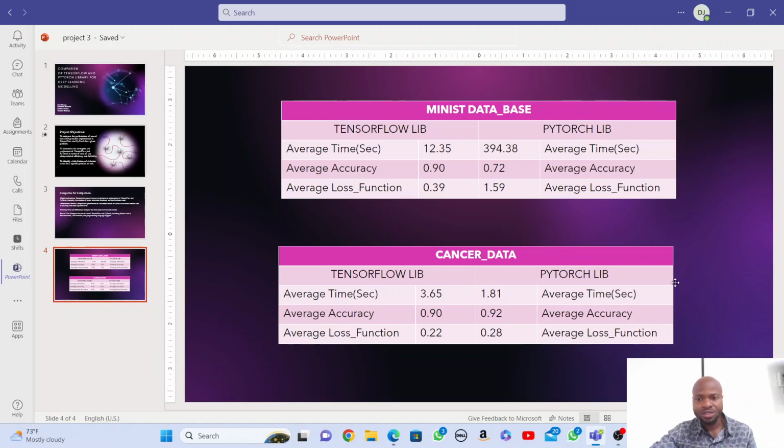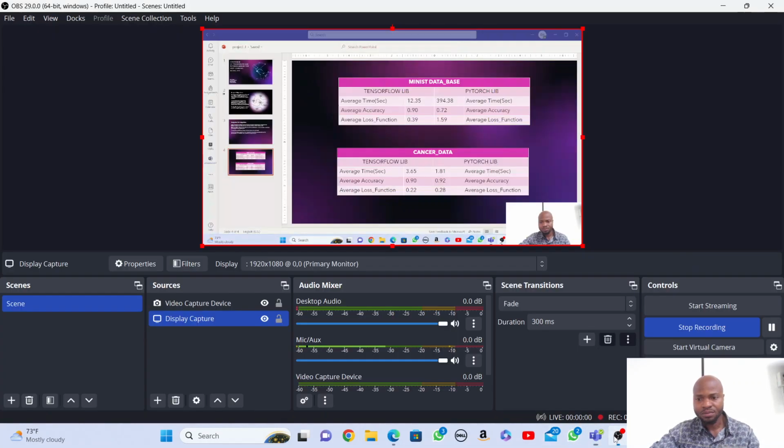For the PyTorch library, there was an average time of 1.8 seconds, and for TensorFlow, 3.65 seconds. For PyTorch, there was the accuracy of 92%, and TensorFlow had 90%. For PyTorch, there was also a loss of about 28%, and for TensorFlow, a loss of about 22%.